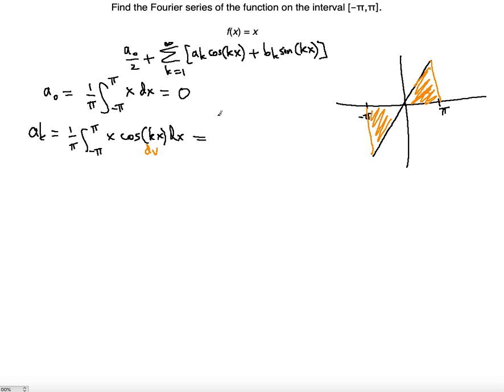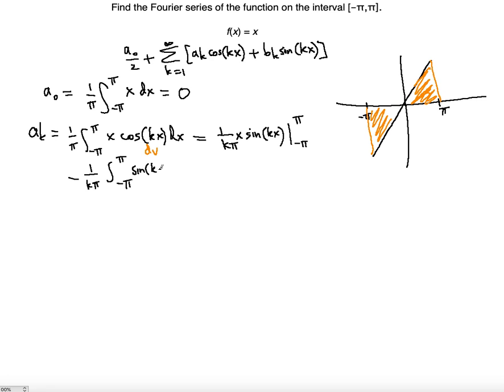So what I mean is we're going to have 1 over k, x sine kx evaluated from negative pi to pi, minus v du. Oh, there's a pi, I forgot the pi. So 1 over k pi, minus 1 over k pi integral from negative pi to pi of sine kx.